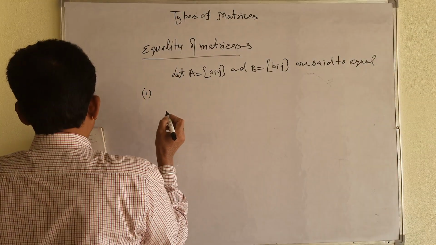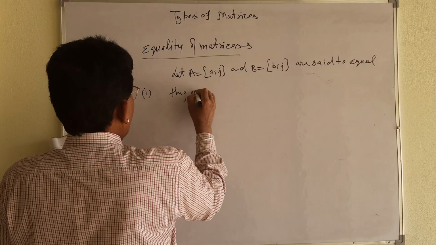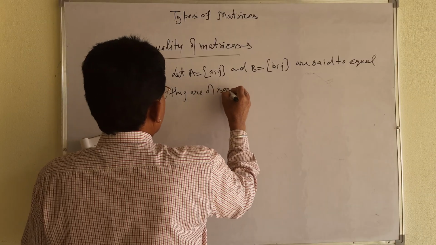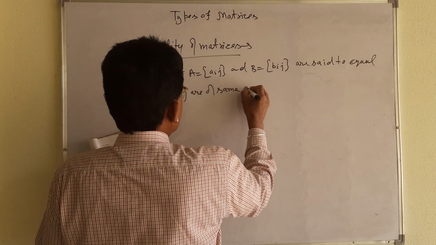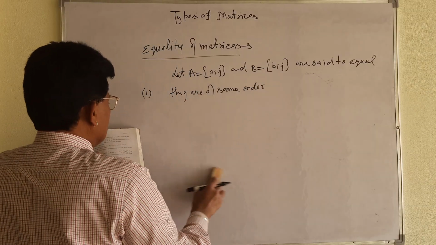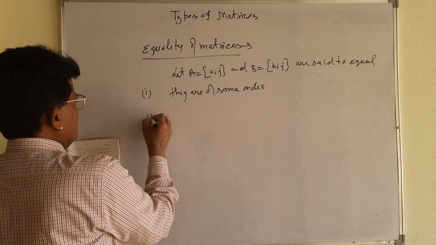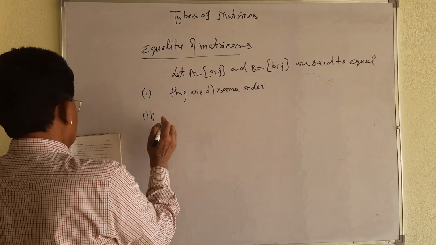They are of same order. Order same होना चाहिए भाई. I told you already the definition of the order. Okay? And the second case, ये condition भी follow होनी चाहिए.